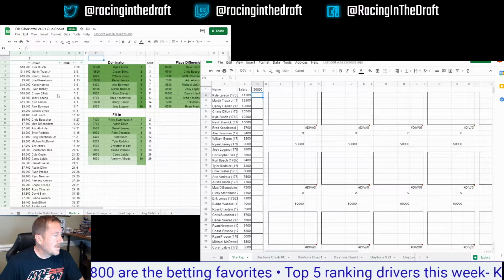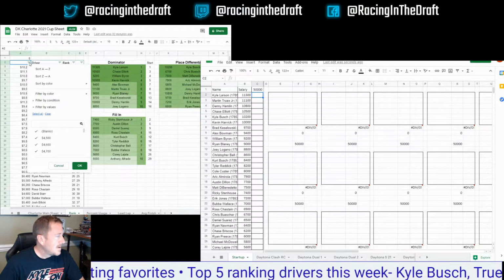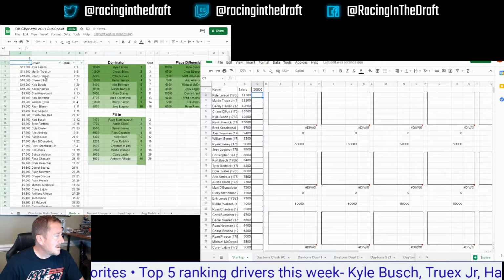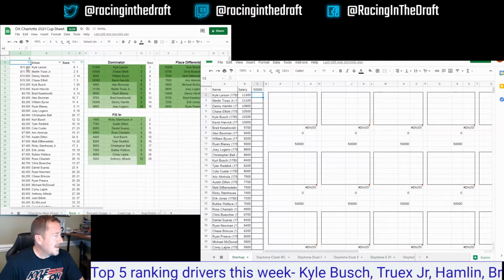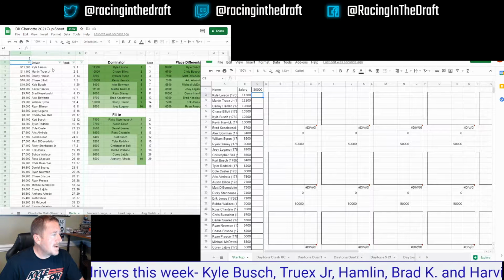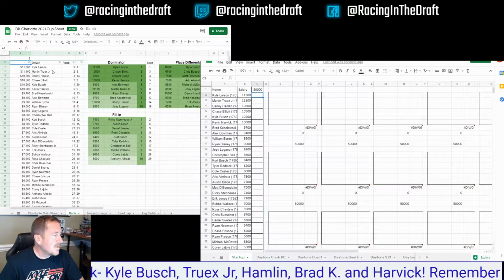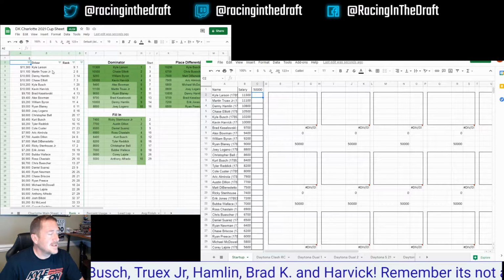And with this over here, I can now sort by dollar amounts. I could pull everything here, but I don't have the driver ID number, which is important for DraftKings, and that changes every week.